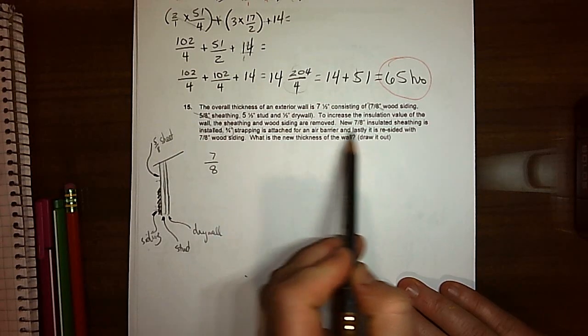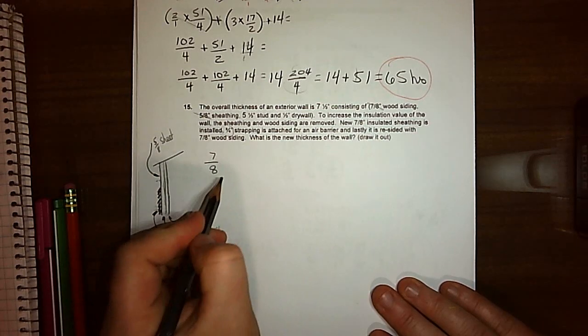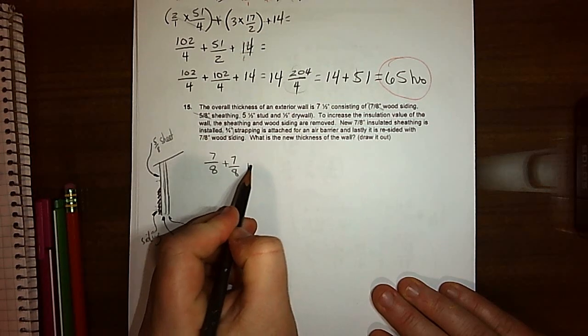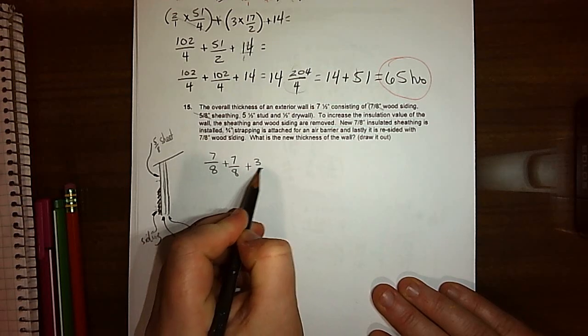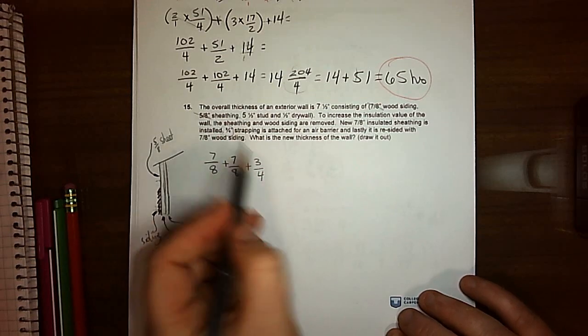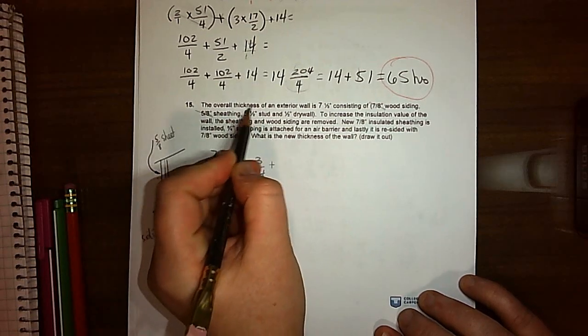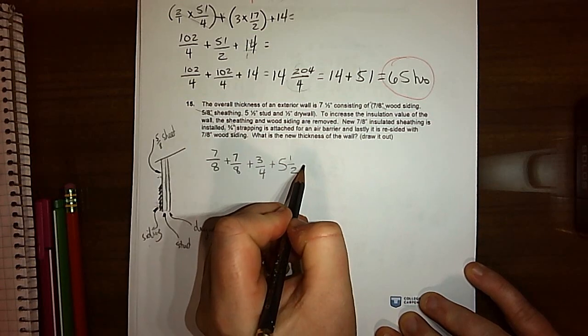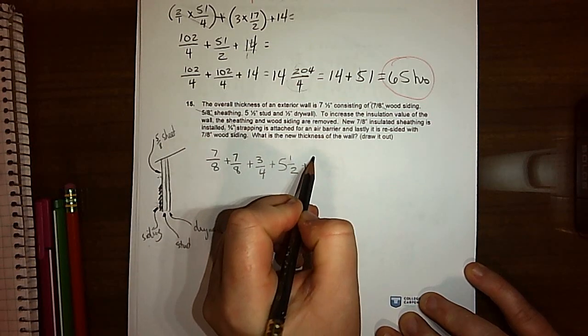They're going to reattach more 7/8 siding, so I'm just going to put that 7/8 back in there. I'm going to add in the 3/4 inch strapping, plus, again, the studs. That's still part of it. And the 1/2 inch drywall.